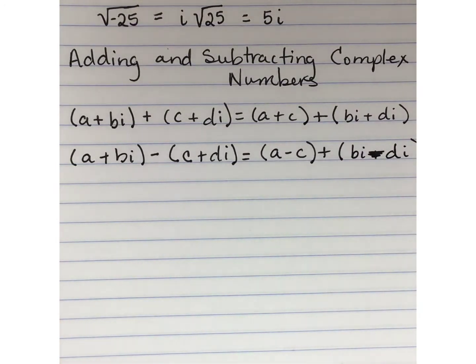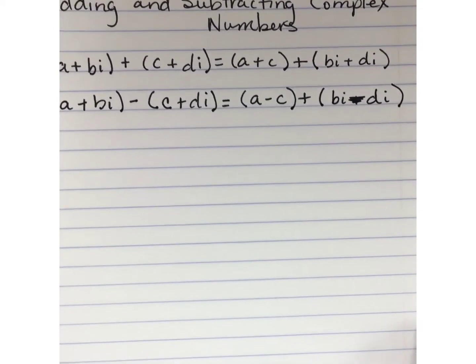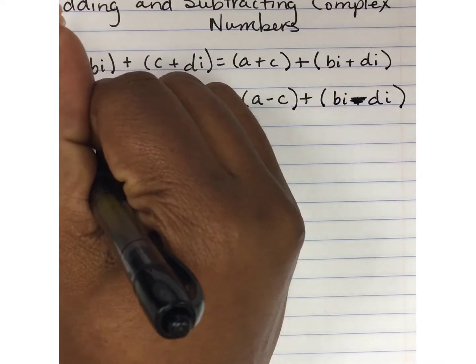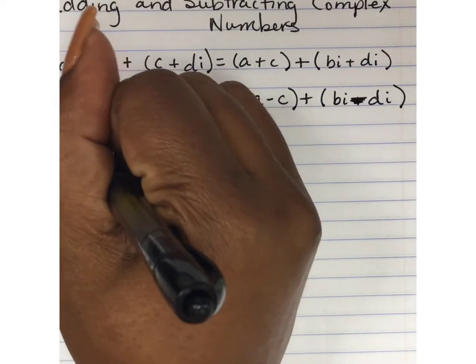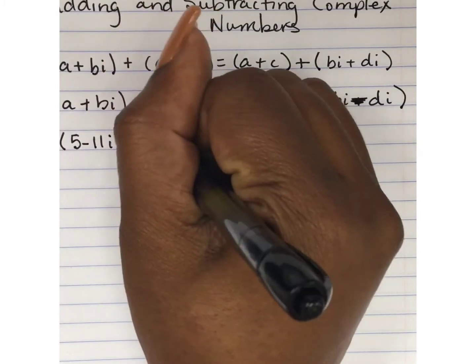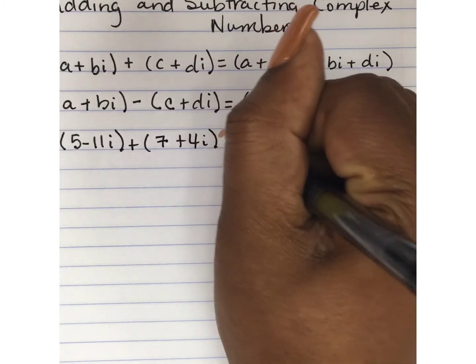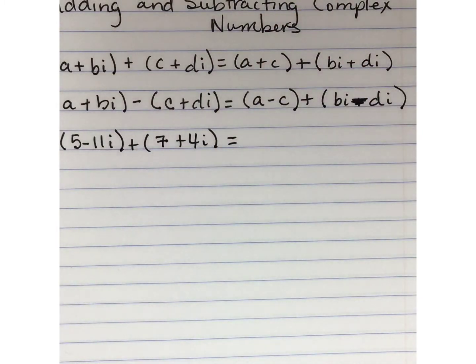All right? Now let's put it into play. Let's say that we have 5 minus 11i plus 7 plus 4i, and we want to add those two together.